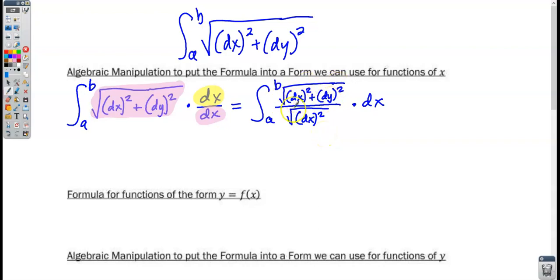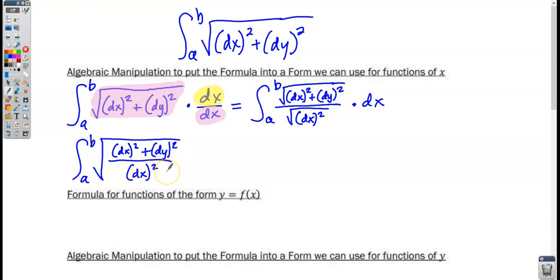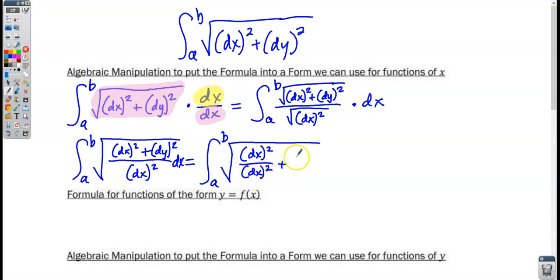The square root of something over the square root of something, algebraically I can turn that into the square root of the fraction. And so then I can split this up into two terms: the quantity dx squared over dx squared plus dy squared over dx squared.